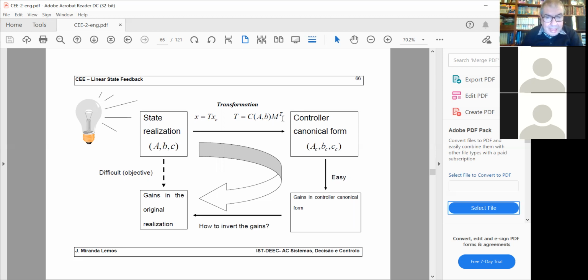And I told you in the last class that this M transpose is nothing more than the controllability matrix of the controller canonical form. So the transform is just this.